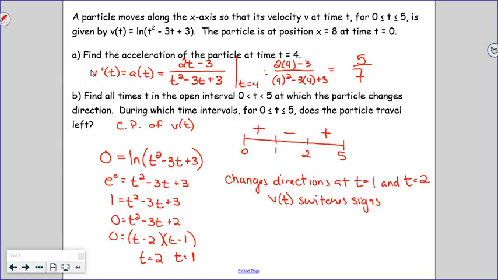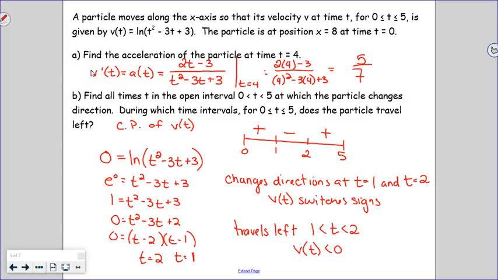Second question, when does the particle travel left? It travels left from 1 is less than t is less than 2. Why? My velocity is negative. Always support every answer with a justification, even if it doesn't ask us, because it's not guaranteed that they're going to ask us every point that they evaluate for.